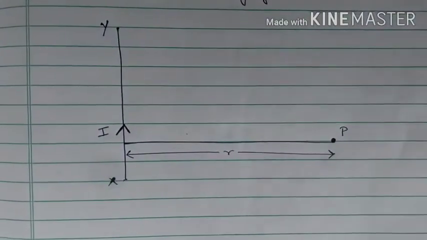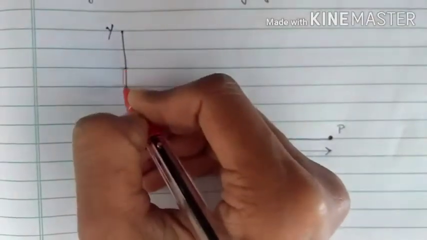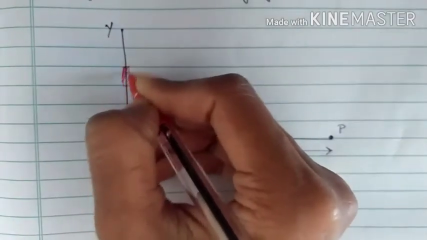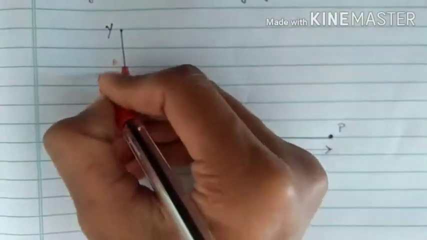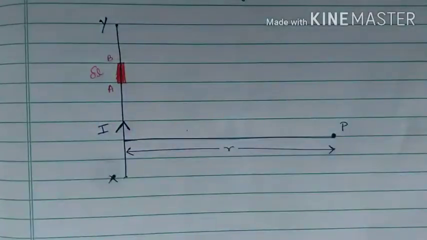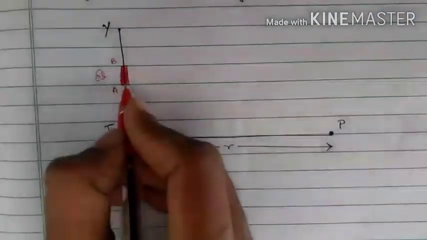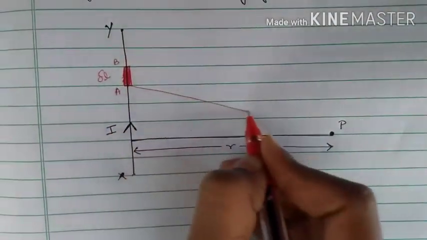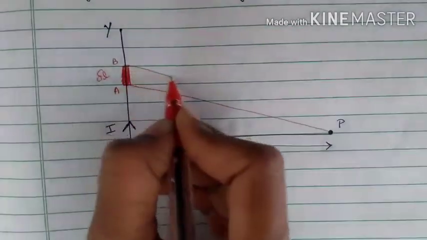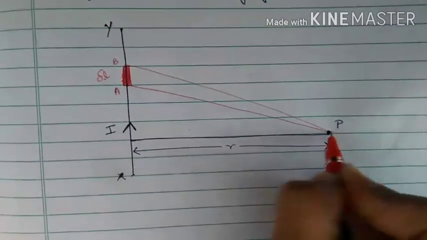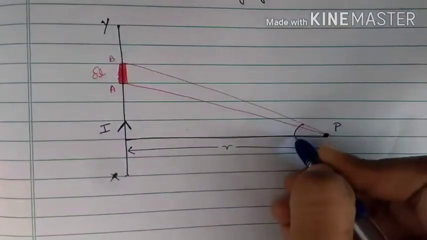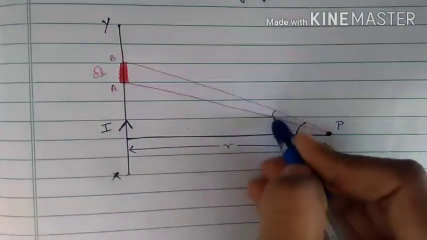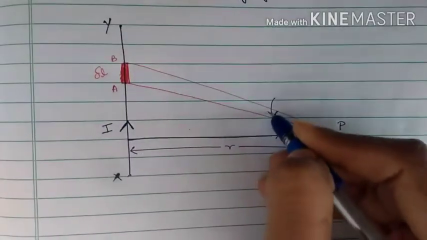So for that let us take a small element AB, and this small element is delta L. If you draw the lines joining A to P and P to B, there will be an overall angle phi made, and this angle will be d phi, obviously, because this is very small.